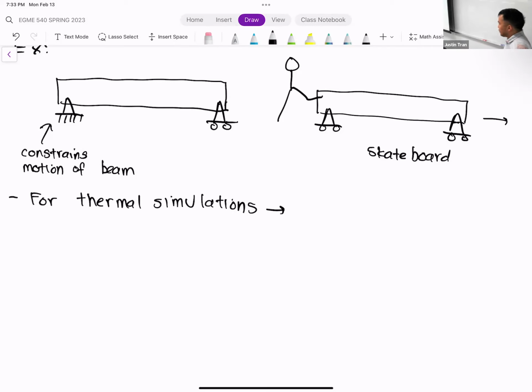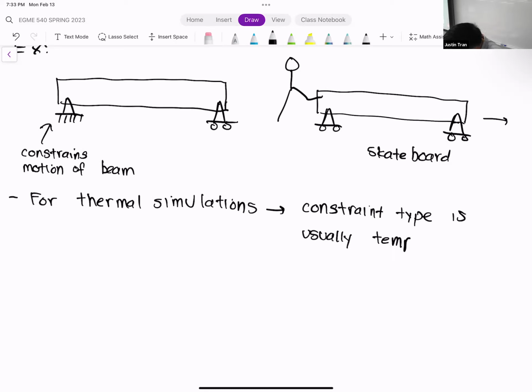For thermal simulations, traditionally the constraint type boundary condition is a temperature boundary condition. And for fluids, the constraint type boundary condition is usually either velocity or flow rate.